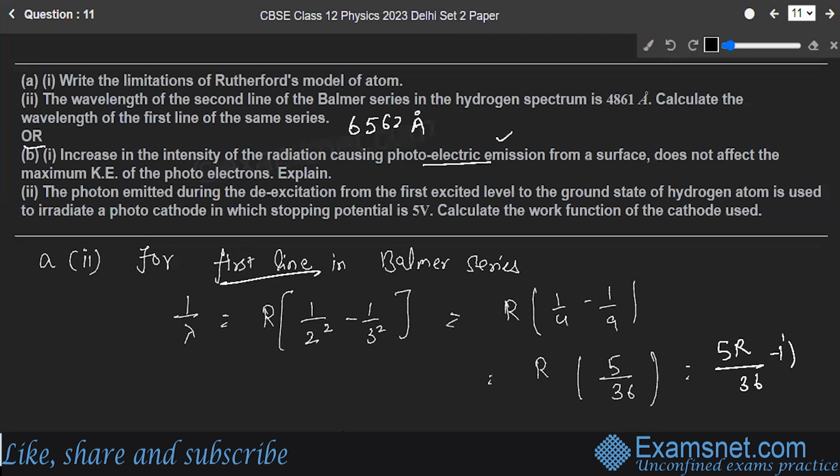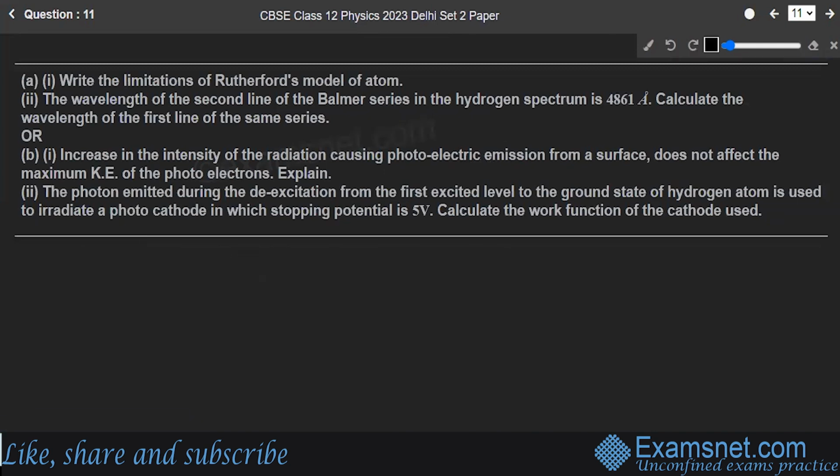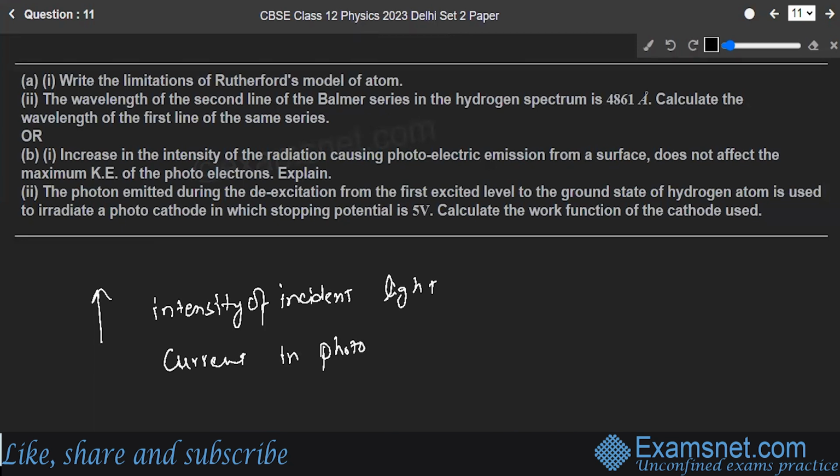See, I'm clearing the screen again. On increasing the intensity of incident light, the current in the photoelectric cell will also increase.